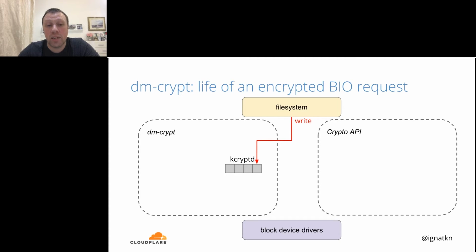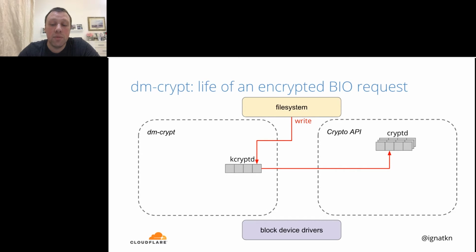At some point later, when that thread is actually scheduled on the CPU and executed, the request is sent to the crypto API to be encrypted. But the modern crypto API is also asynchronous, so it might not process the request immediately, but decide to queue it again on a different asynchronous thread, which sometimes they call kcryptd, and they have one thread per CPU, so it's slightly faster.